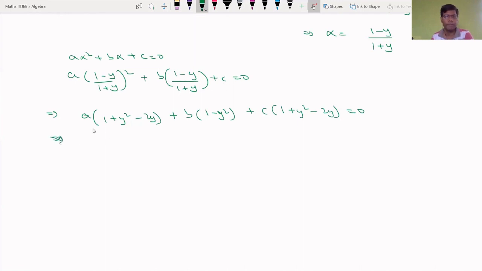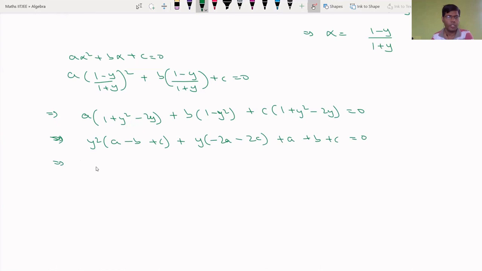So this will imply, let me take all y square terms at one place, a minus b plus c y square, plus, if we take y terms on one side, this will be minus 2a. Here we don't have any y term, this will be minus 2c. And then all constant terms will be a plus b plus c is equal to 0.